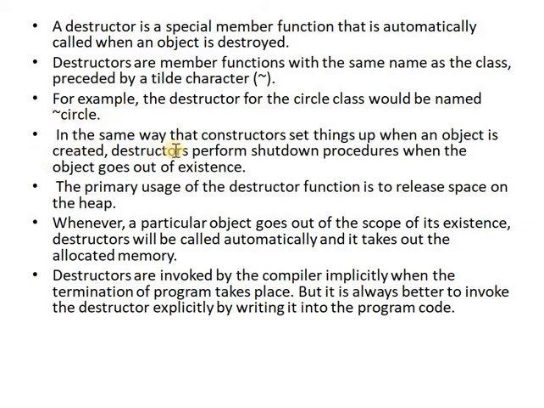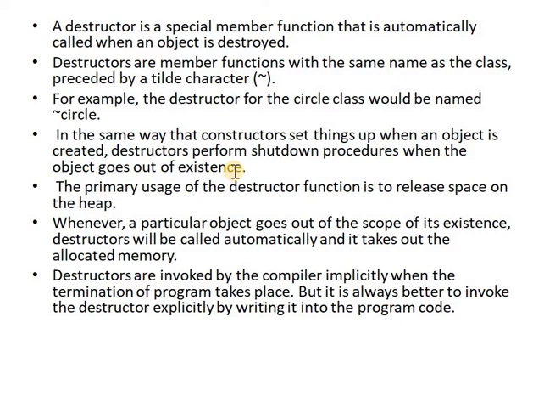In the same way that constructors set things up when an object is created, destructors perform shutdown procedure when the object goes out of existence. The destructors are called whenever the function or the object goes out of scope.